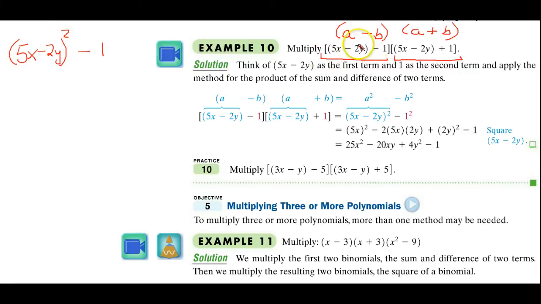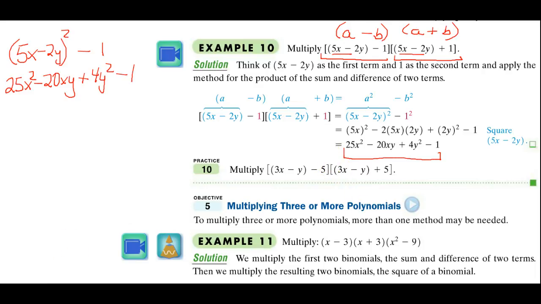So if you see that, this times this, these are the same, so it's this. So now you just do that special technique for squaring a binomial. 25x squared. Multiply these two together, get a negative 10, double it, negative 20xy. Square this term, plus 4y squared minus 1. And there's your answer. Now they're showing you, again, more detail, but not necessarily needed.